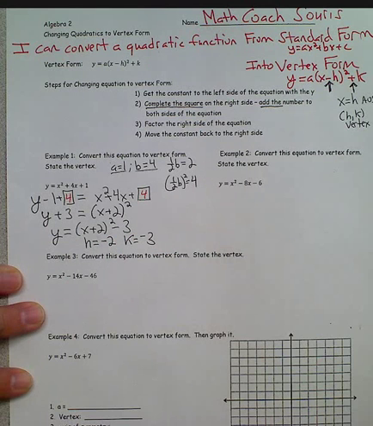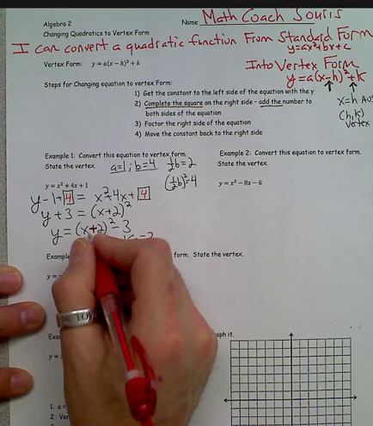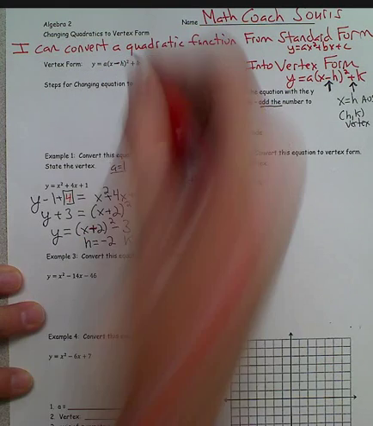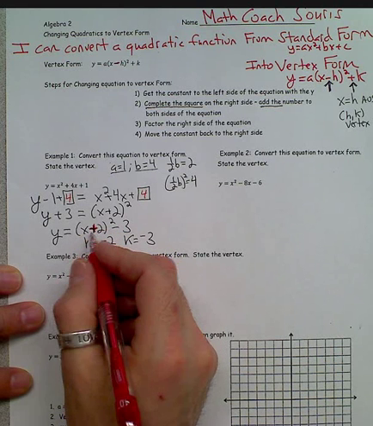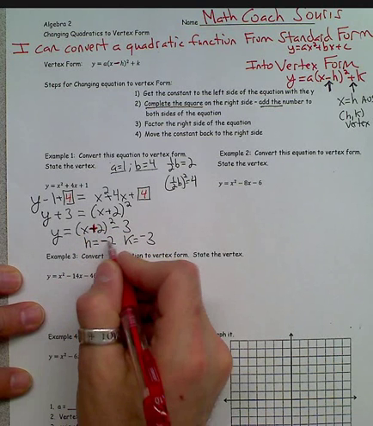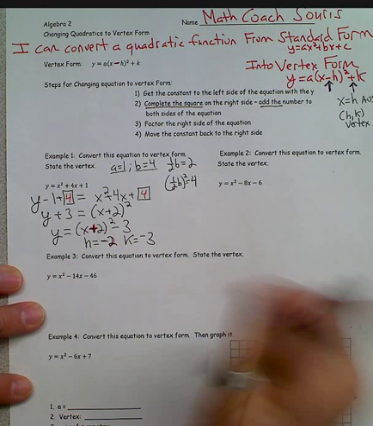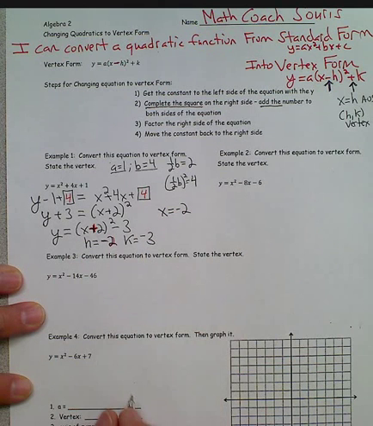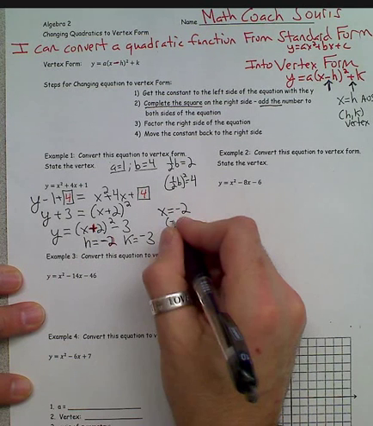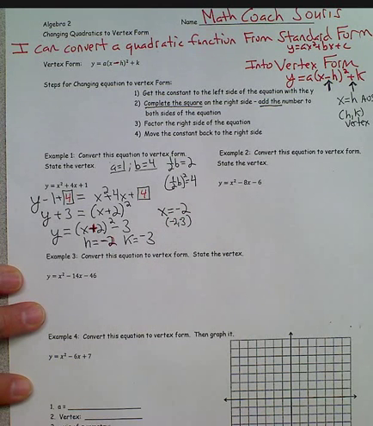Make a note, see how this is plus, but in the vertex form, we have a minus sign there. So I do have to think how this was minus a -2 in order to find the h. The axis of symmetry would be x equals -2, and the vertex would be -2, comma, -3. And I can get my information from it.